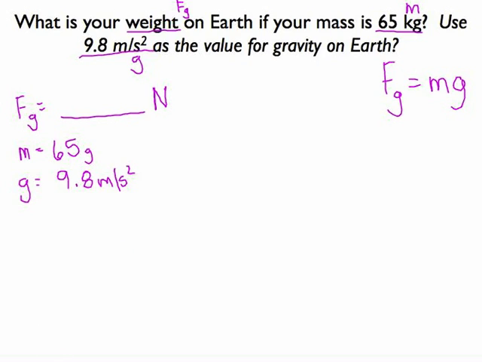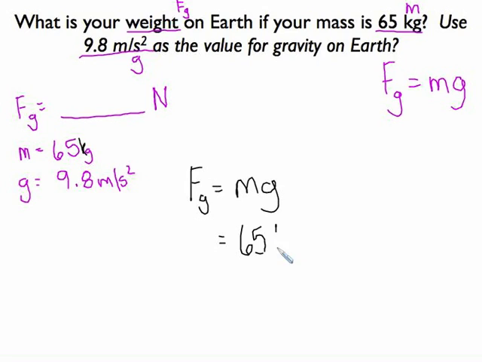We want Fg, so we don't have to put it in the triangle or rearrange anything. So I'm just going to have Fg equals mass times gravity. My mass is 65 kilograms.